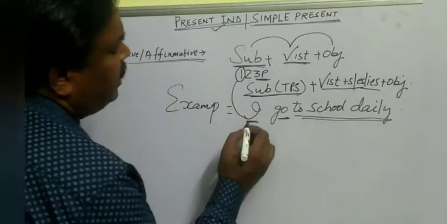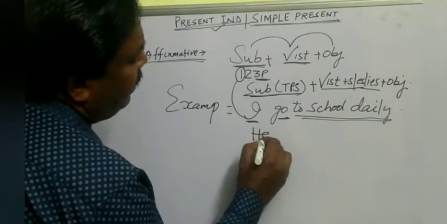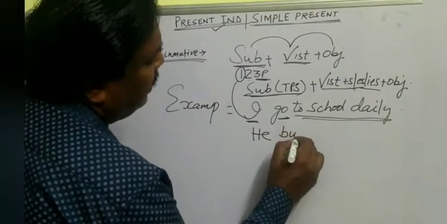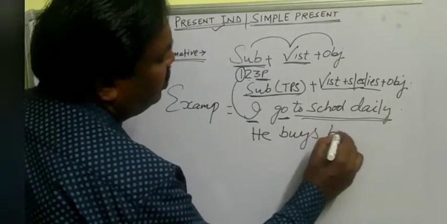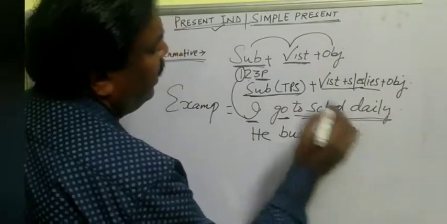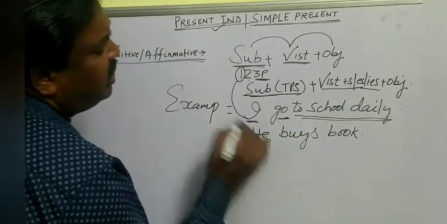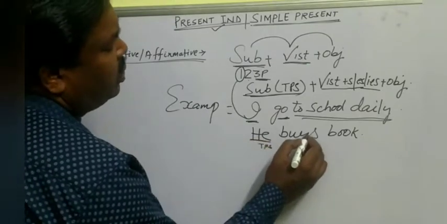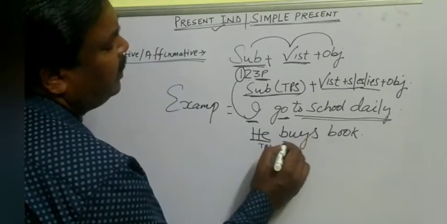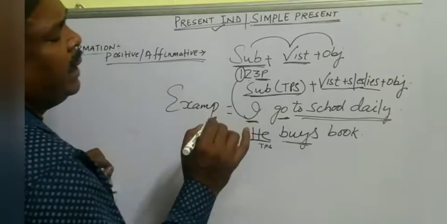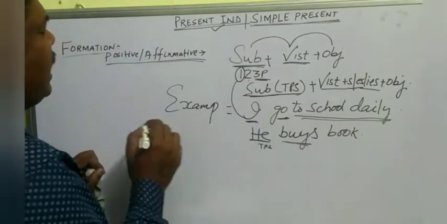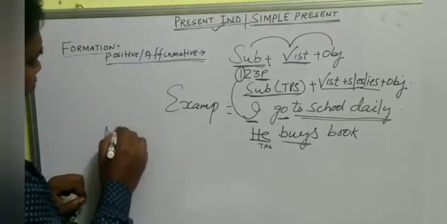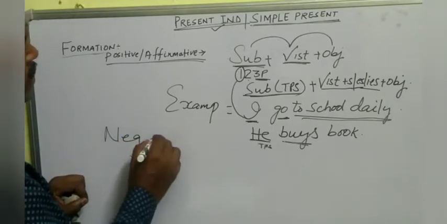Next example. He buys books. Here the subject is third person singular number, TPS, so we used s with the first form of verb buy. Is it clear? Next, negative sentence.